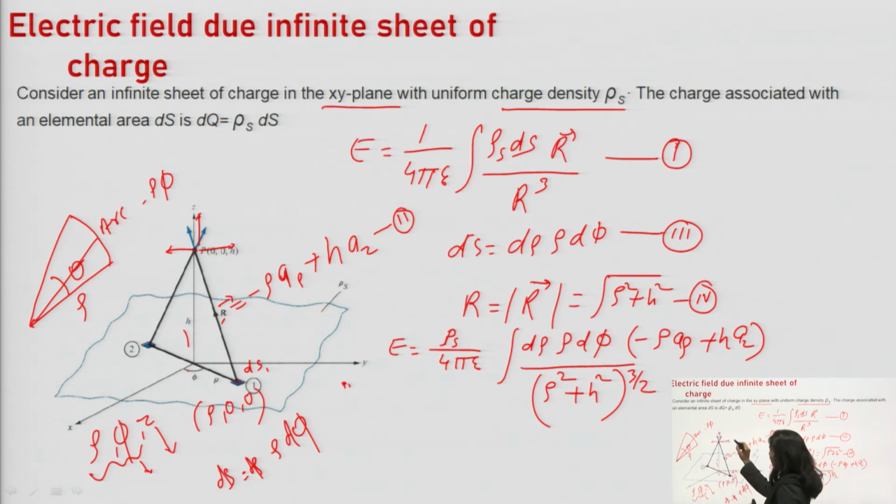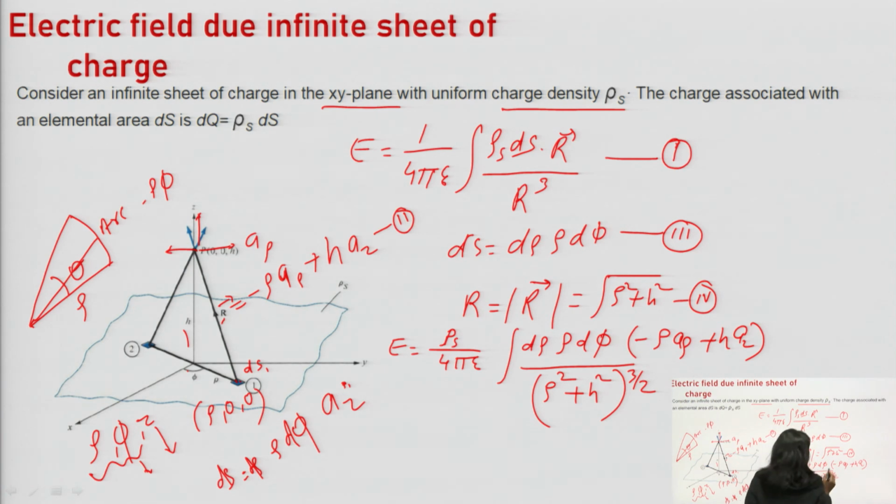The horizontal term is nothing but the a_rho term, so the a_rho term will cancel out. Alternatively, the area is a vector quantity, remember, and the direction of this elementary area or total area is towards a_z, and the formula is rho s ds dot r vector.